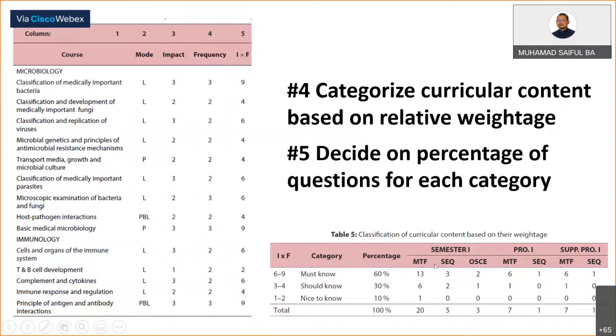This one is the essay, and this one is the clinical. You can see clearly that 13 out of 20, about 60%, is from the must know area, and the format is multiple true false. It means that we are assessing C1 and C2 as the junction. So the format is C1, C2, because we already set at that particular level of learning outcome.